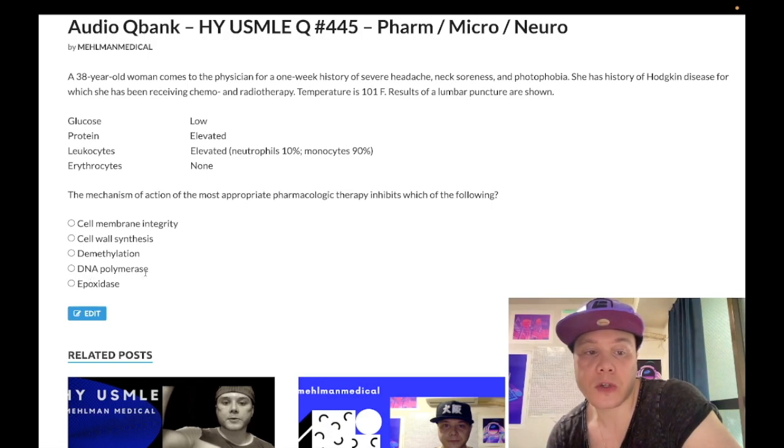Choice D, DNA polymerase, wrong answer. This could refer to acyclovir / ganciclovir. Okay, so as I mentioned before, if we had herpes encephalitis, we could give acyclovir for that. Wrong answer. Choice C, demethylation, wrong answer. This refers to azoles. Okay, so when we have fluconazole as an example, that will inhibit the conversion of lanosterol to ergosterol. Ergosterol is the fungal cell membrane equivalent, but that conversion occurs via an enzyme called 14-alpha demethylase.